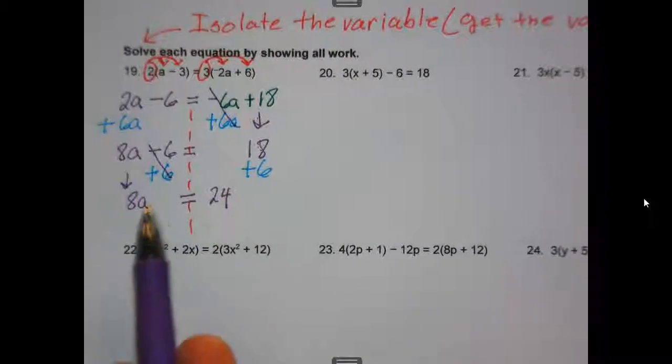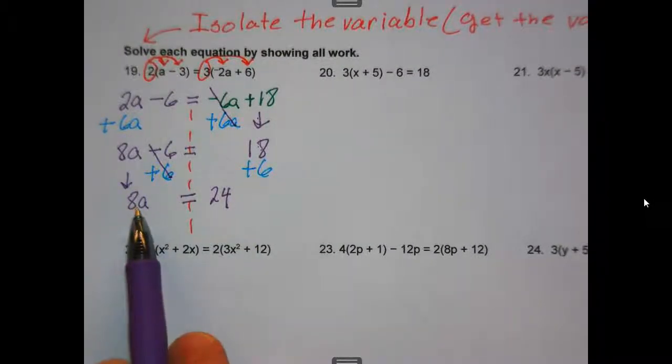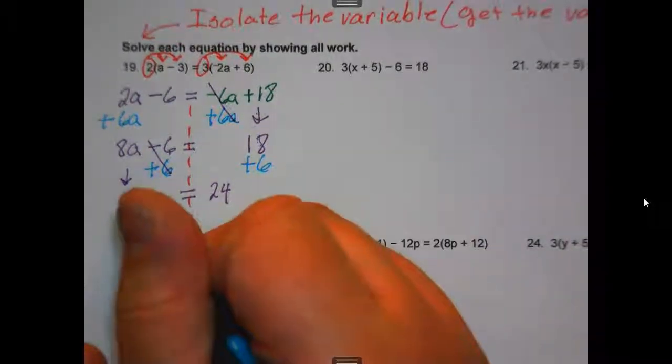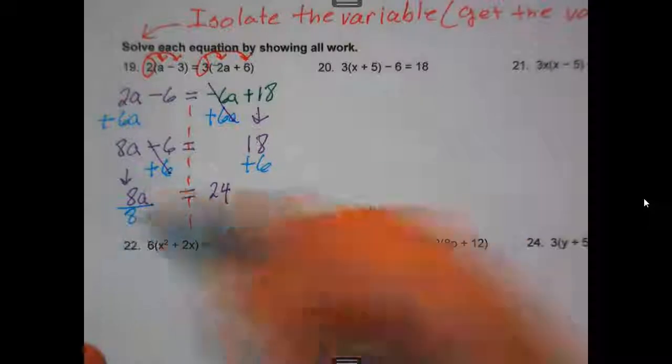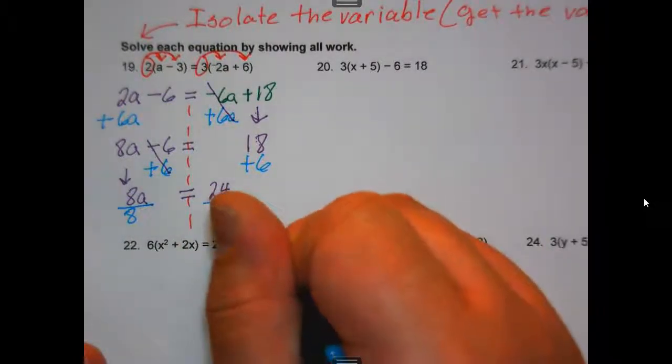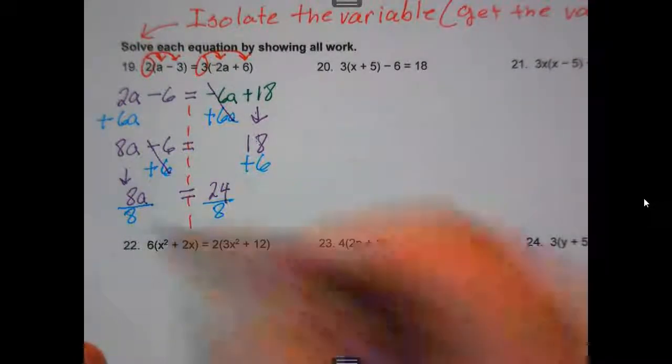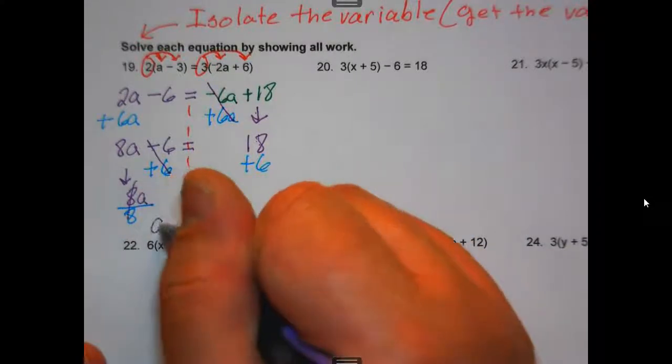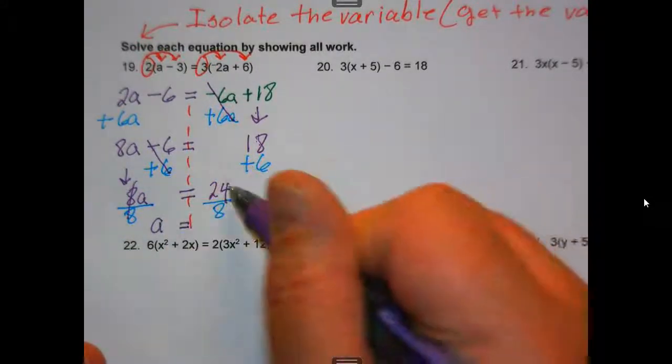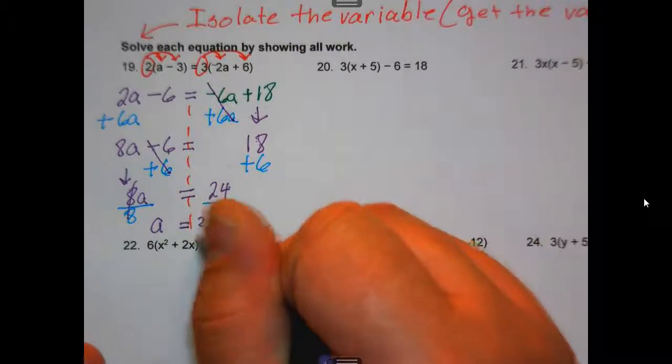I have multiplication between the coefficient 8 and a. So I'm going to have to divide to undo it by 8. And I get a equals 24 divided by 8, 3.